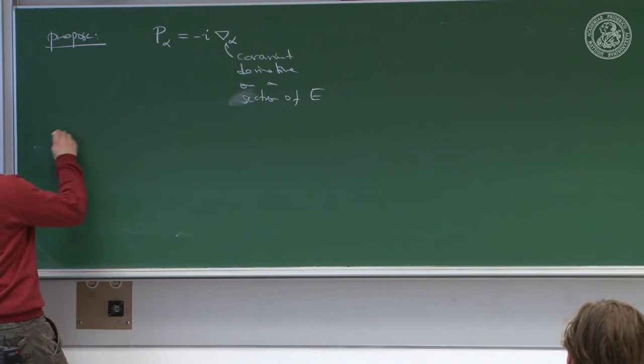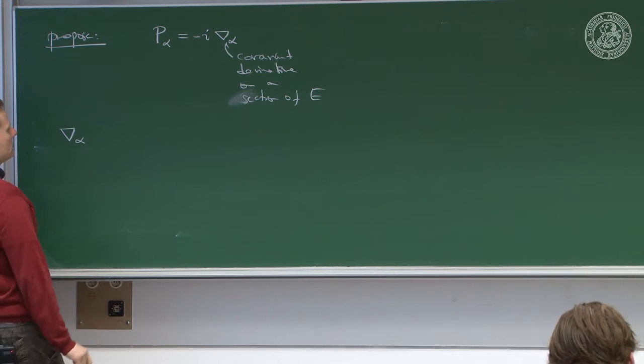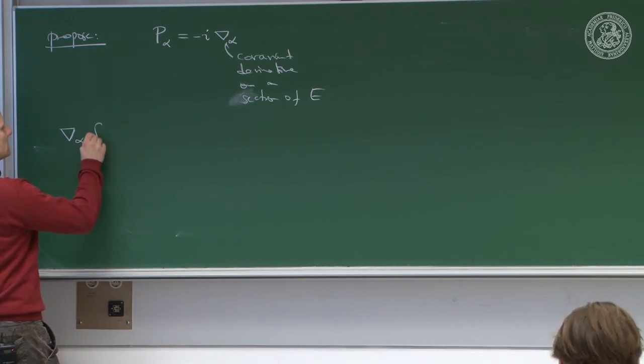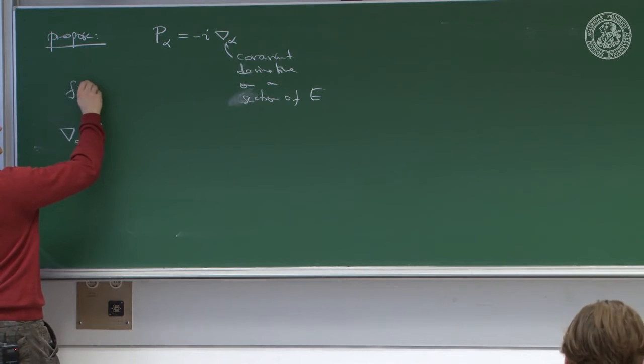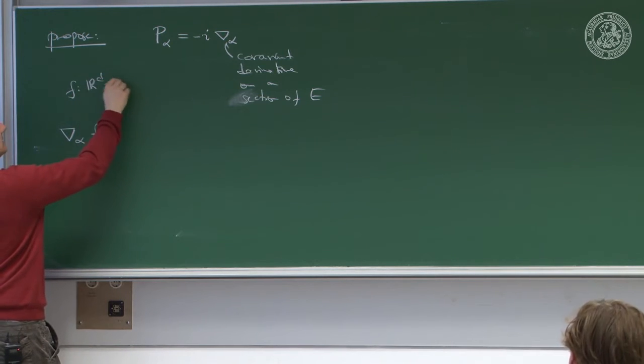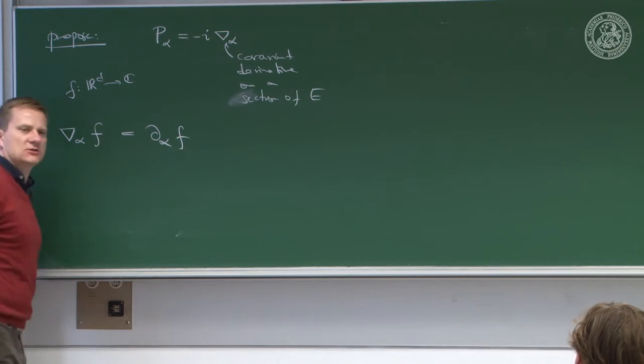And you know, the point is with covariant derivatives, it's on the problem sheet, a covariant derivative acts on a function. Now, f is really a function, f is really a function from R^d to C, say. It acts like a partial derivative.